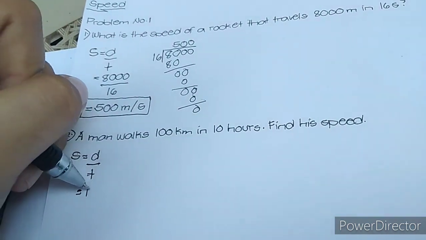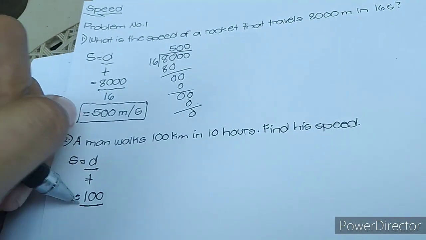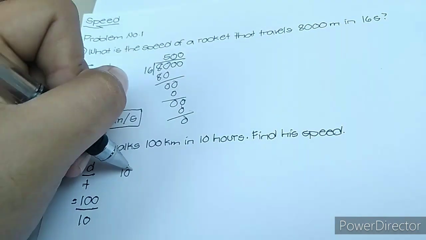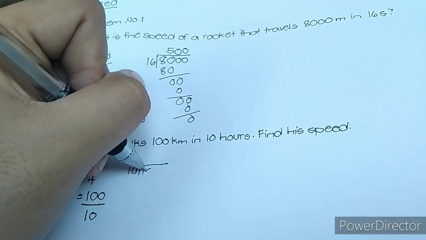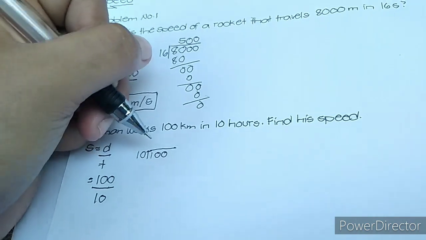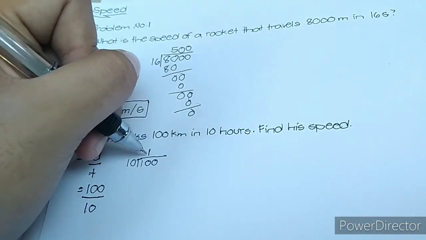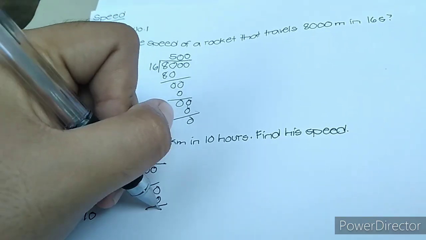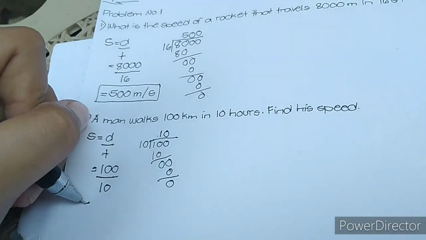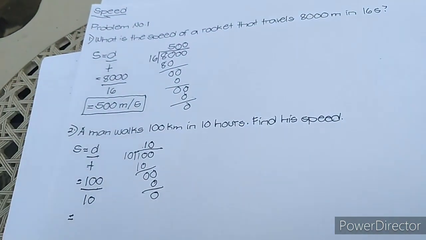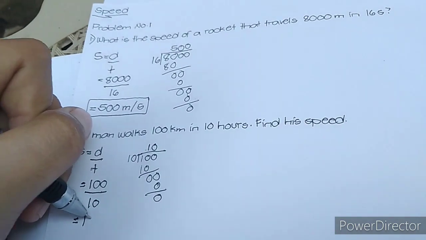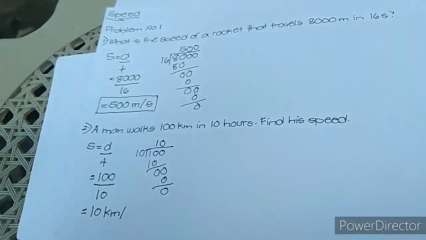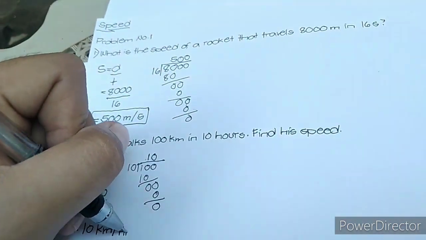The distance is 100 km divided by 10 hours. 100 divided by 10 is 10. So the answer is 10 kilometer per hour.